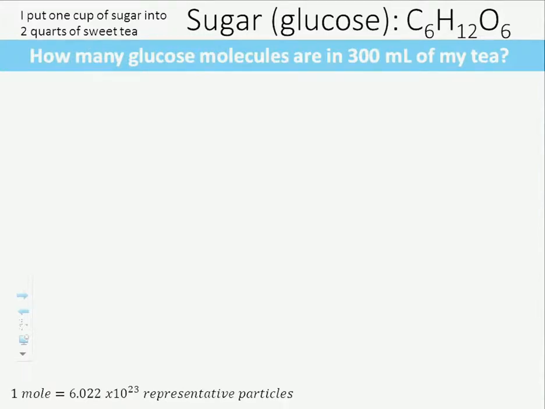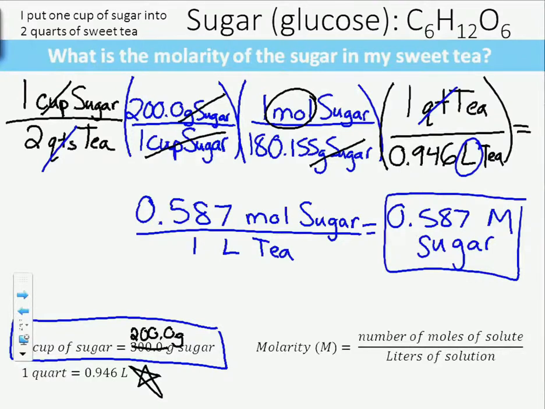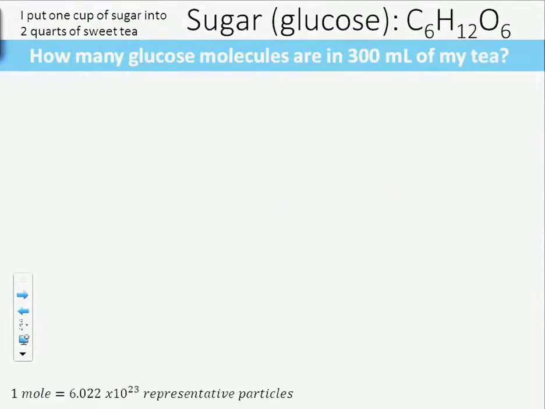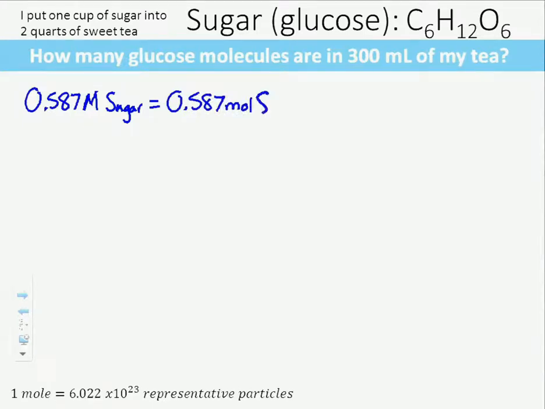So we're going to do a little something different. We're going to start out with the molarity. So if we start out with our molarity, 0.587 moles, molarity of sugar. Remember, that equals 0.587 moles of sugar per liter of tea.